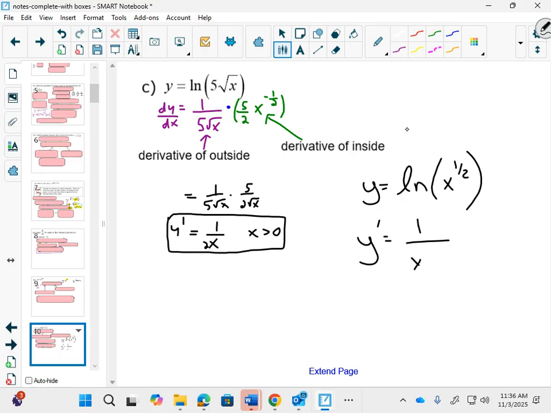One over, keep the inside the same, multiplied by the derivative of the inside. So if I simplify this, what do I get? The same thing? Why is it the same? Check this one out. I'm not going to show a lot of work for this, but I want you to see if you can use your math skills to tell me, I'm going to use 313.